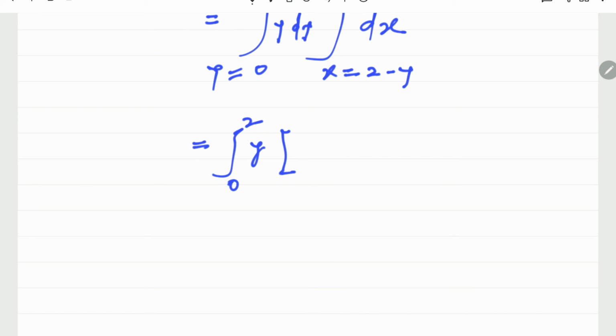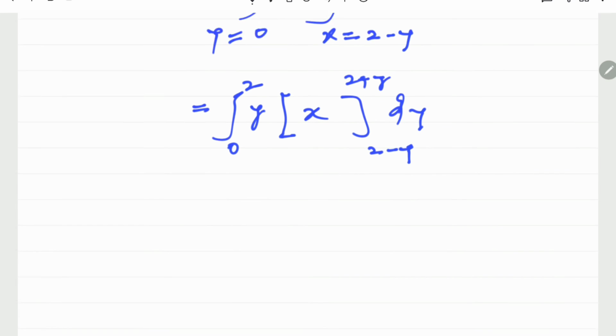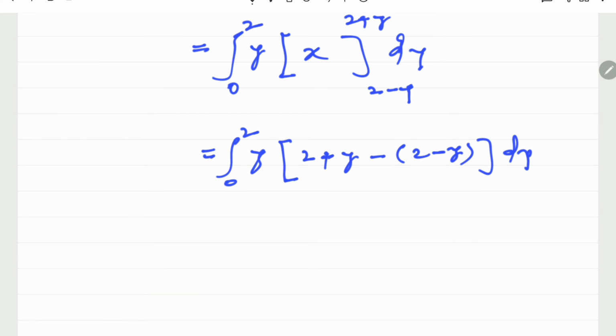Integration of dx is x, and limits from 2 minus y to 2 plus y, and then integrating it with respect to y from 0 to 2, y as it is, upper limit minus lower limit, 2 plus y minus 2 minus y, and then its integration with respect to y.